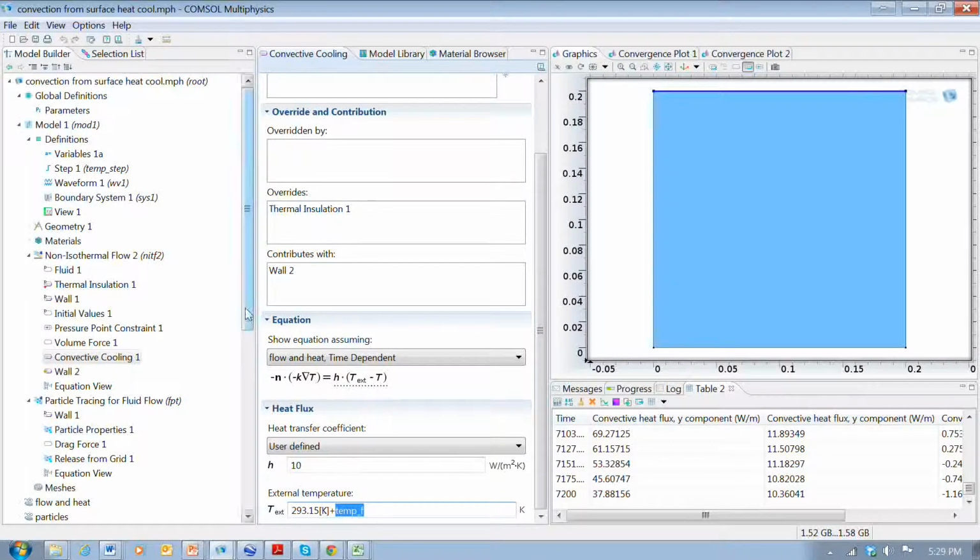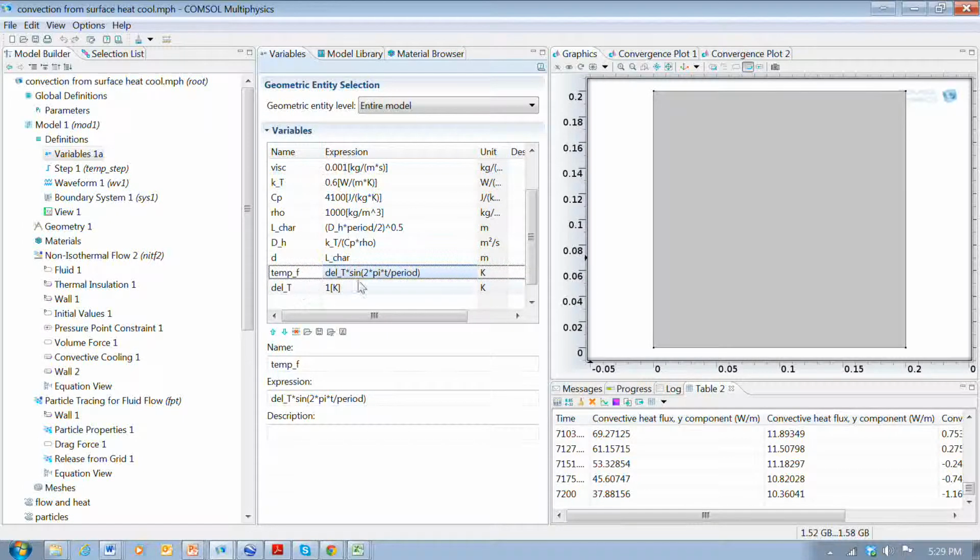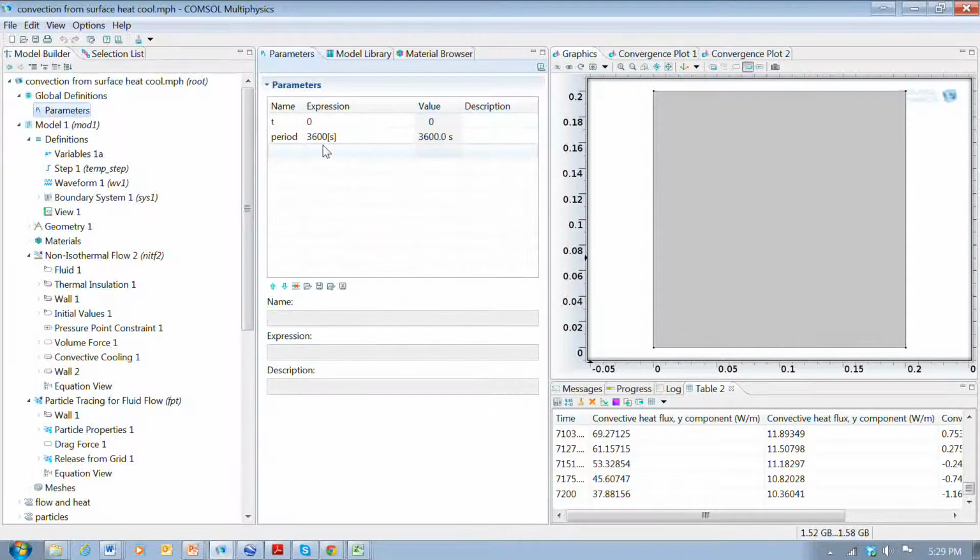So temp f, actually I did add a few terms here in the variables, and one of them is this expression temp f, and it's the sine of pi times t divided by the period of the variation times the del t. And so the del t will be 1 degree, and for this example the period is going to be 1 hour. So this will show what happens if we raise the temperature by 1 degree and then drop it by 1 degree over 1 hour.